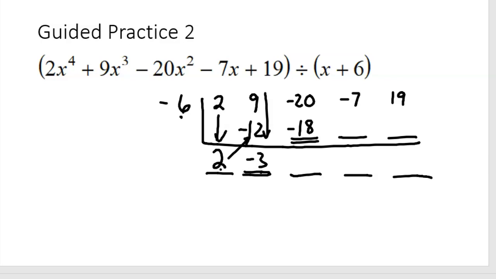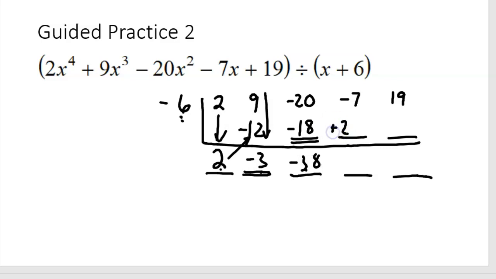All right, so negative 28 and negative 20 and negative 18 makes negative 38. Then we multiply negative 6 times negative 38. That's a really big number. 48 and 180. I'm just going to use a calculator. 228.